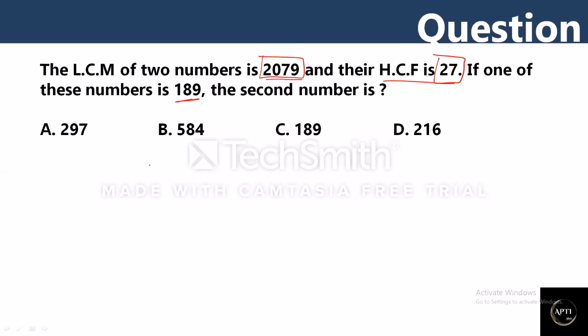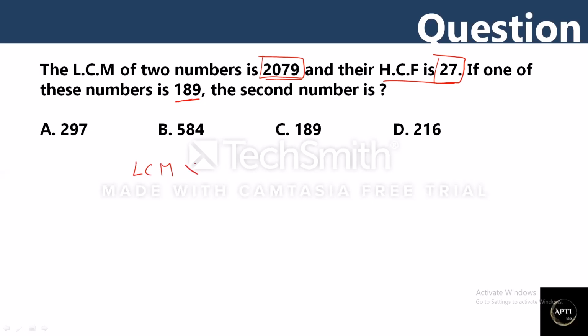Before going to solve this question, I will tell you one important rule in LCM and HCF. For calculating these types of questions, it is mandatory for you all to know this particular rule.